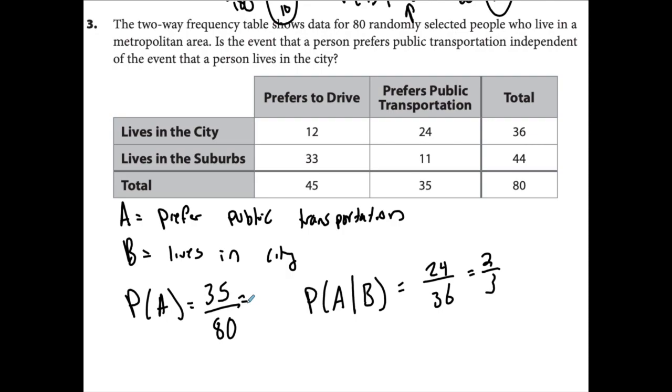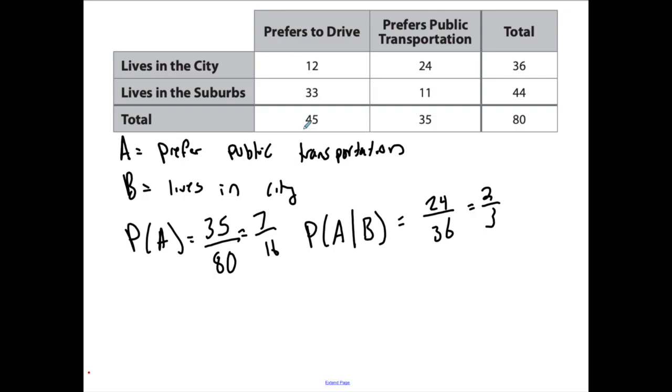This is closer to, if I do 35 out of 80, let's actually see if I can simplify that. So we take this and 7/16. I probably could have done that faster if I just did it like that. So these things are clearly not equal to each other. So that already tells us that they are dependent.